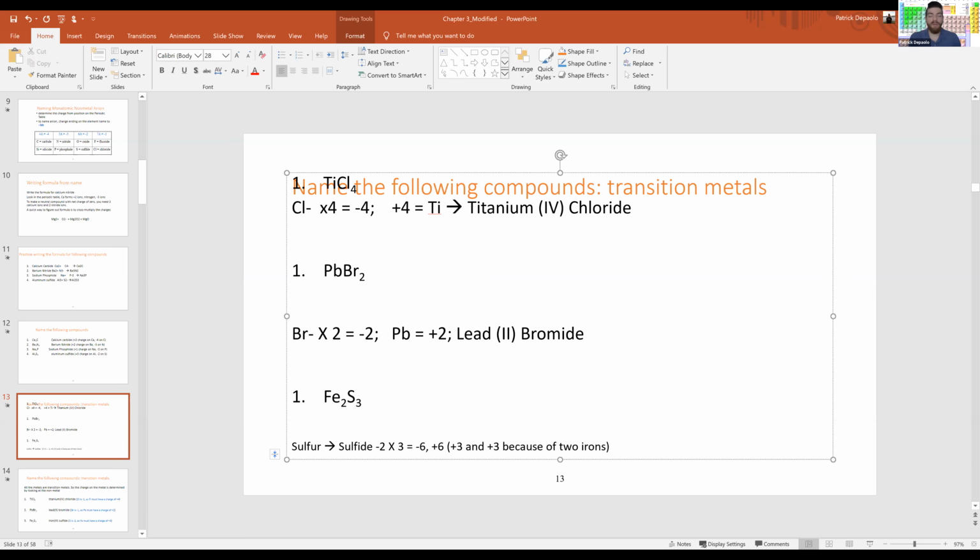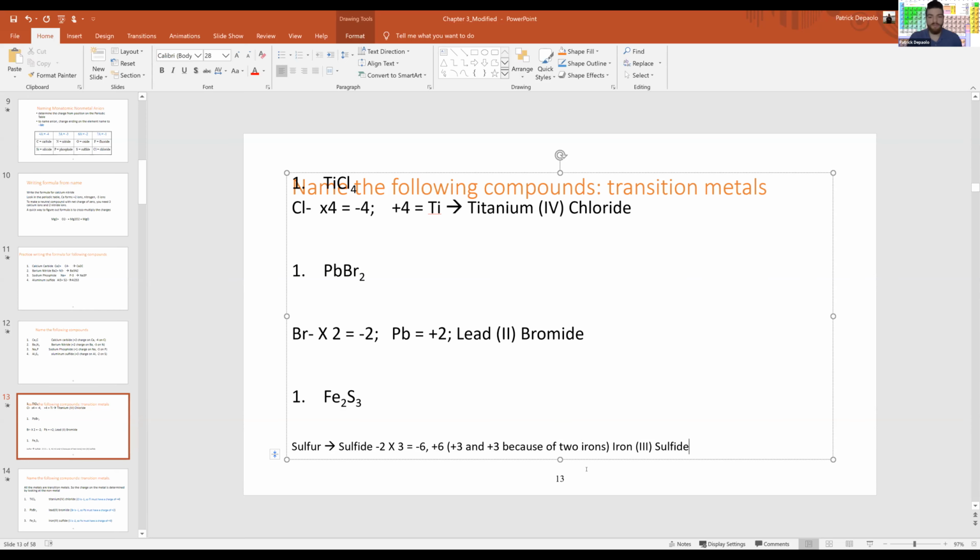So the name of it would be iron III sulfide, like that.